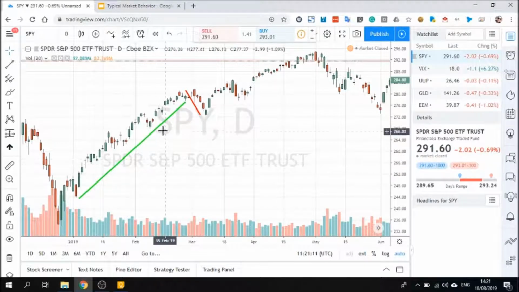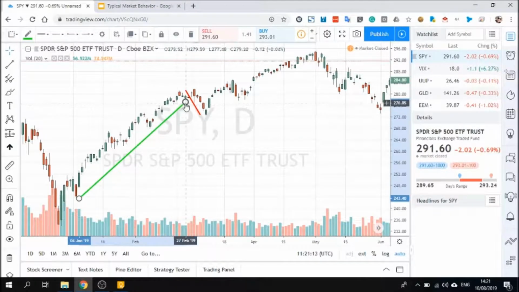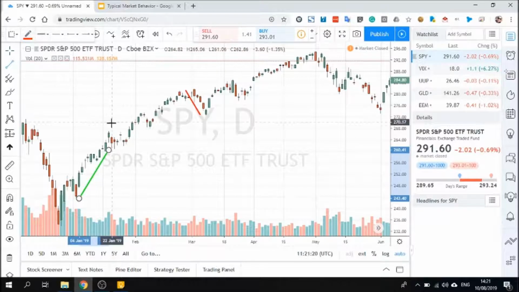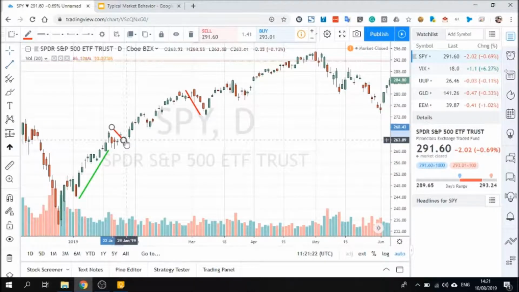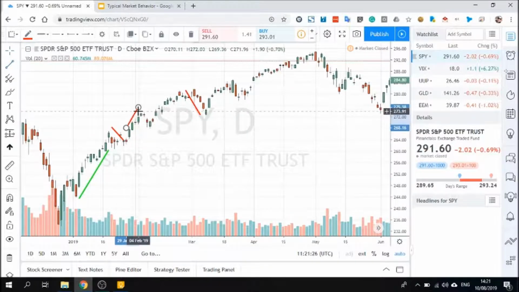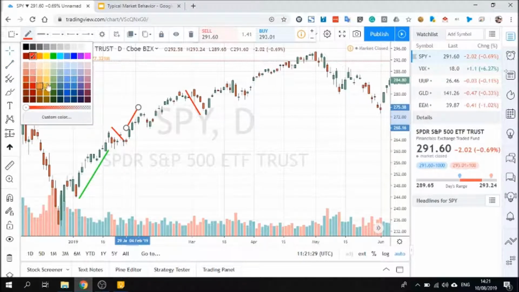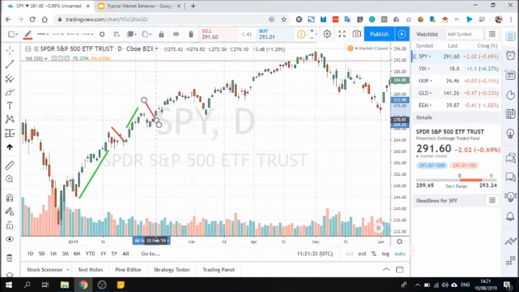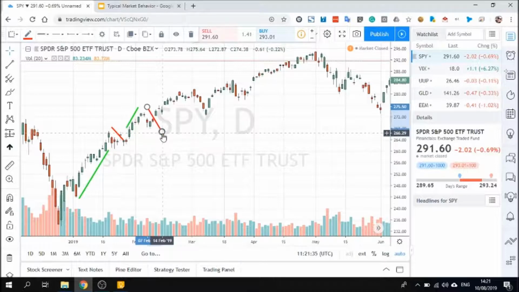During this uptrend, we did have some up moves, and then some down moves, and after that we got some more up moves. Let's paint those green, and some down moves as well. So typical market behavior really is a series of up moves and then a down move.